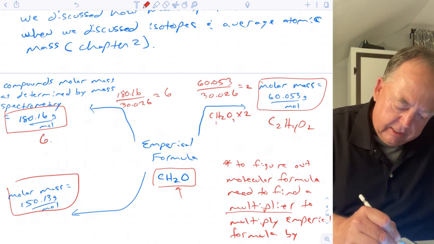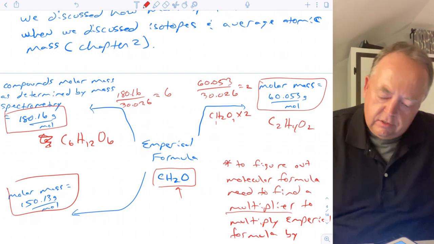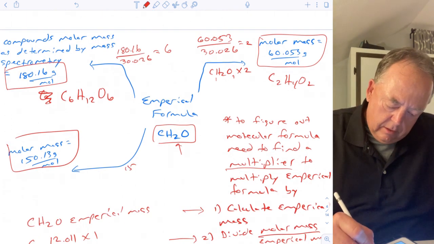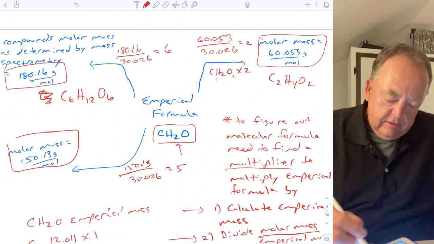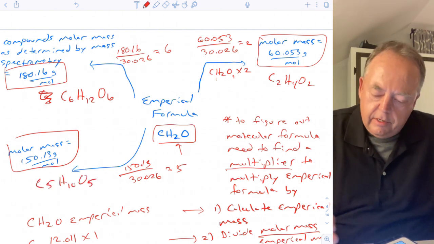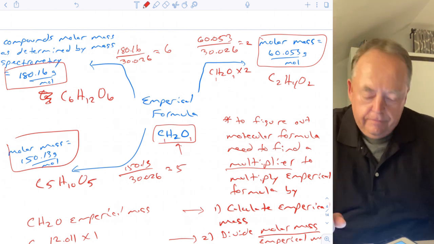That would give us C6H12O6, right? And this one, 150.13 divided by 30.026 is 5. So this would be C5H10O5, right? We multiply the 1 and the 2 and the 1 by 5.